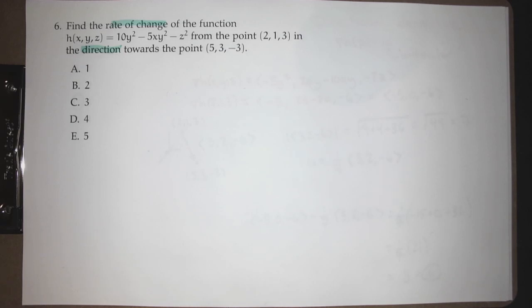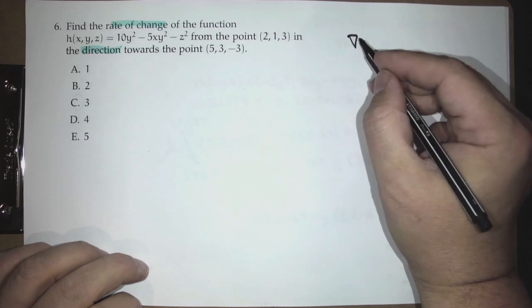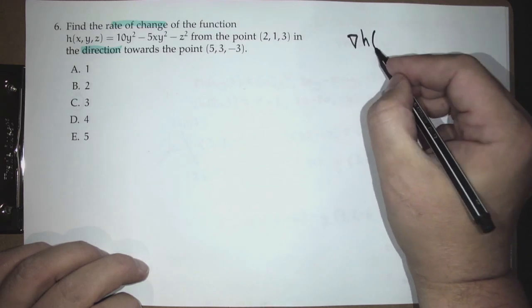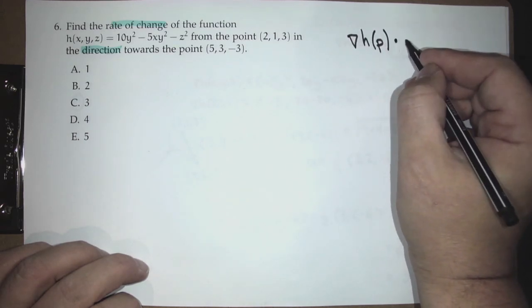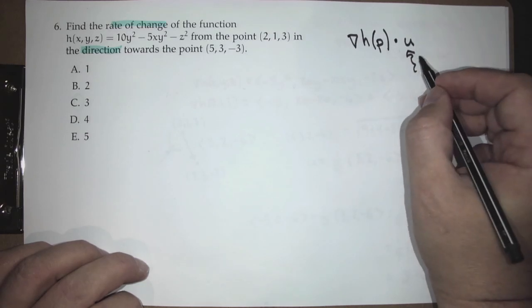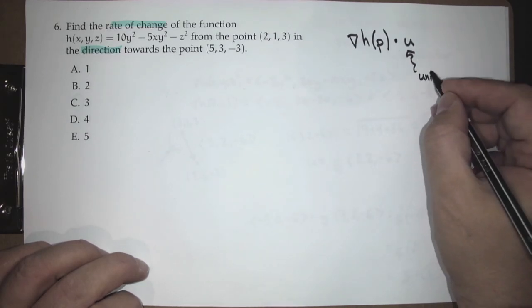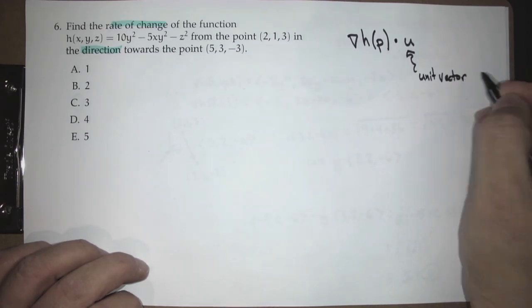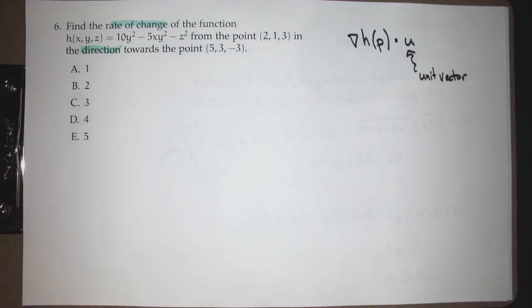How do you do directional derivatives? Yeah, it comes from gradient. So it's the gradient of h at your point dot u. Make some notes. What is u? Be careful. It's not just an arbitrary vector. It needs to be the unit vector. Now, they might give you a vector.